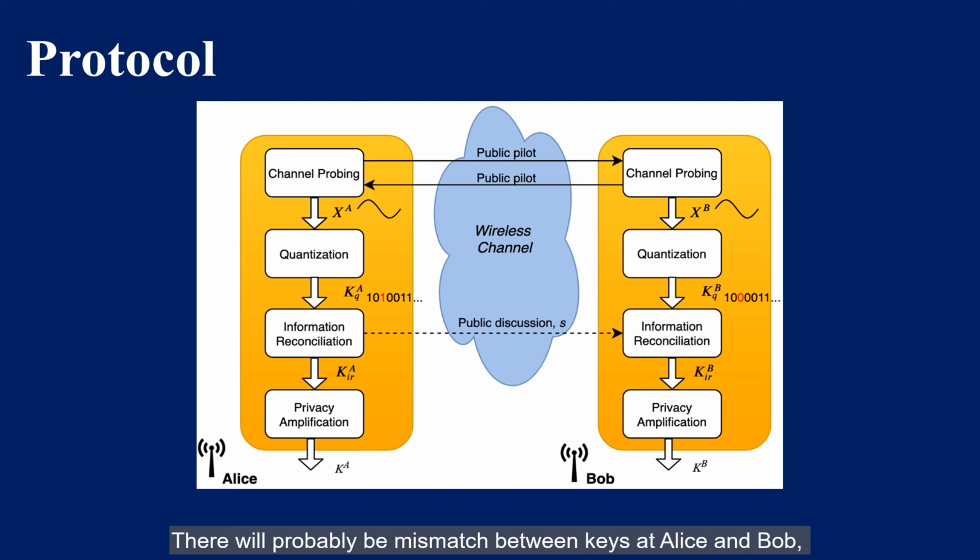There will probably be mismatch between keys at Alice and Bob. Hence, information reconciliation has to be adopted to correct the mismatch. Alice and Bob will then obtain the same keys. Finally, privacy amplification is employed to remove the information leakage. We will introduce each step in detail.